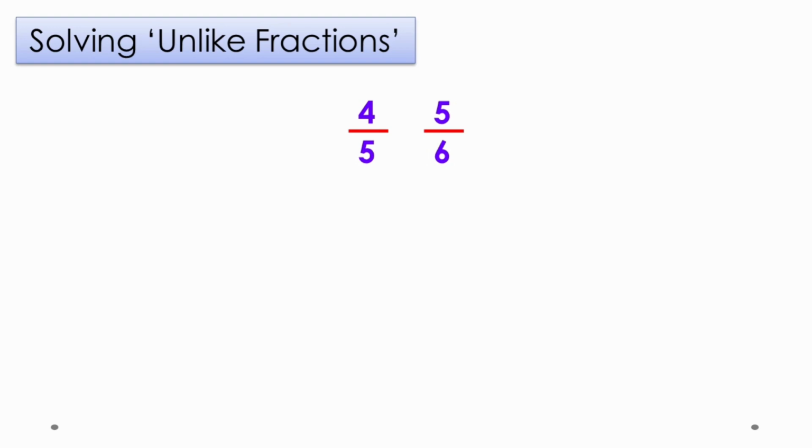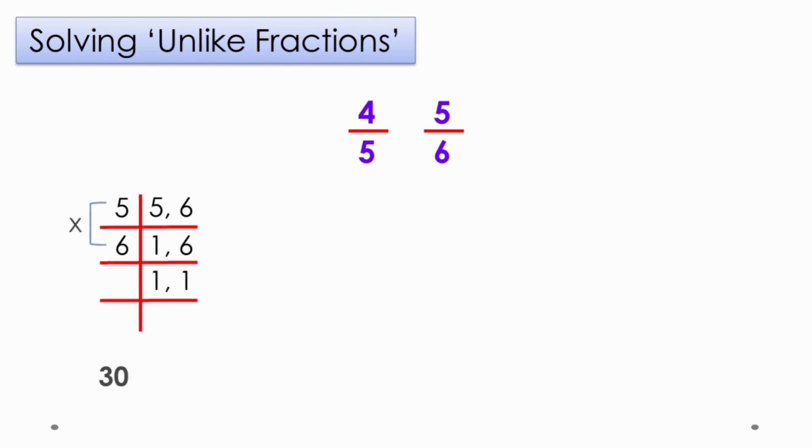For that, we need a common factor. Hence, we'll need to find out the LCM of the denominators. The LCM of 5 and 6 turns out to be 30. It means that the denominator in this case has to be 30.